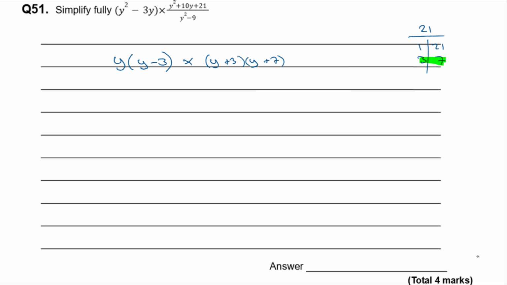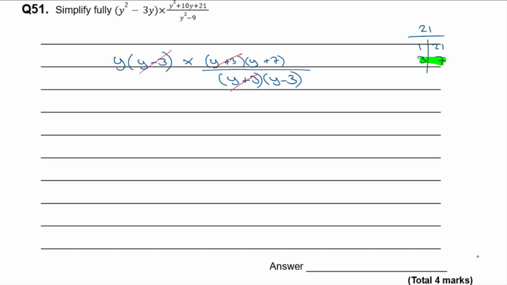And then on the bottom of that fraction, I've got y squared minus 9, and that's the difference of 2 squares, isn't it? So that factorizes into y plus 3, y minus 3. Happy days, I can see things I can now cancel. So I can now cancel the y plus 3 and the y plus 3 there.